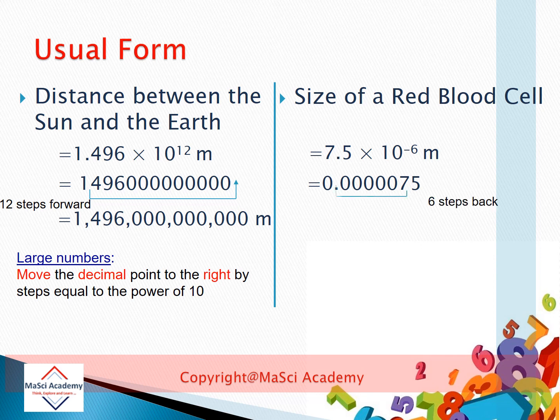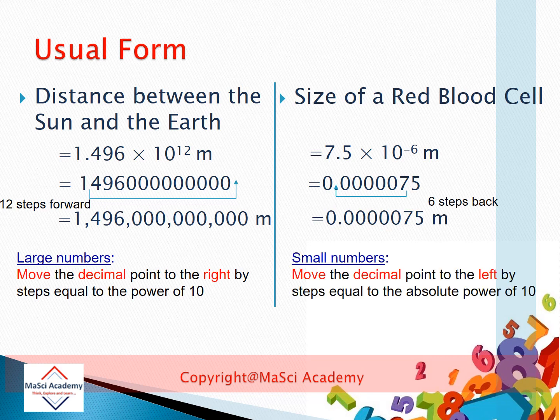So in this case, we move the decimal point backwards by 6 steps because the power of 10 is minus 6. Thus the size of red blood cells becomes 0.0000075. So the decimal point is moved to the left equal to the absolute value of the power of 10.